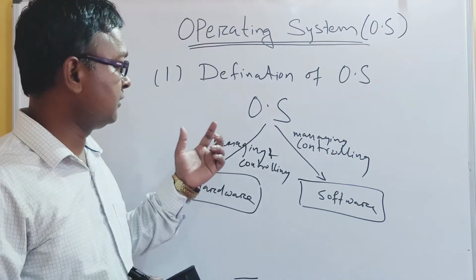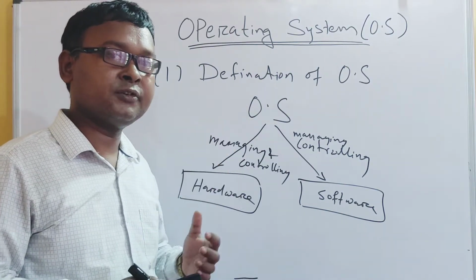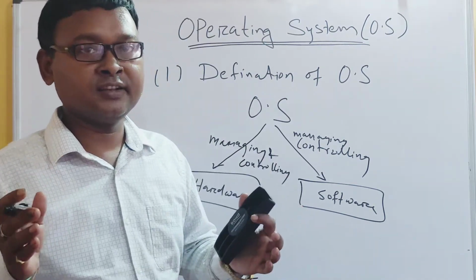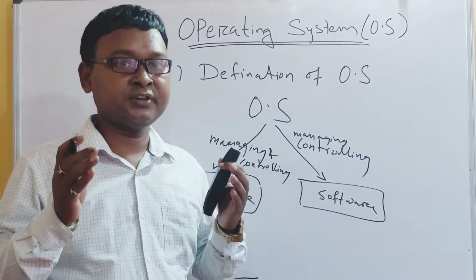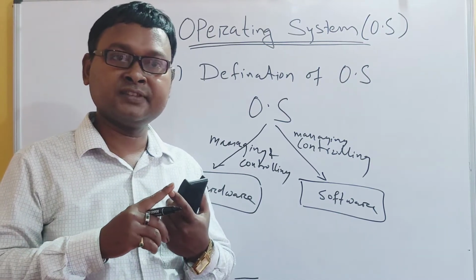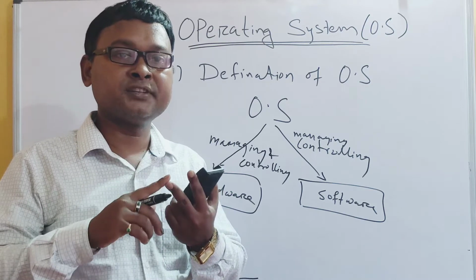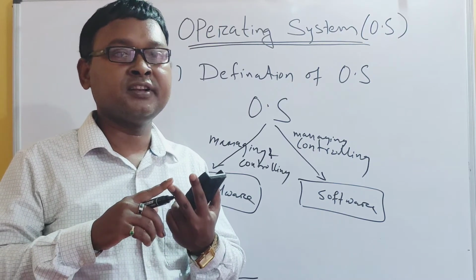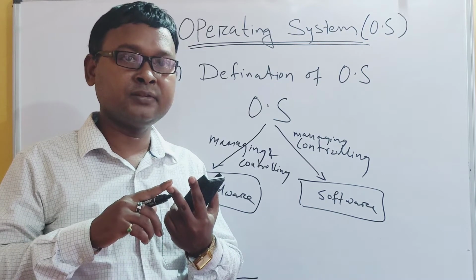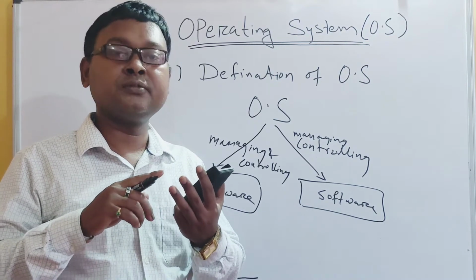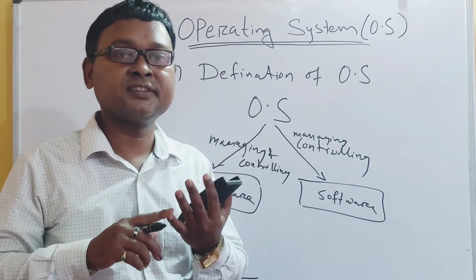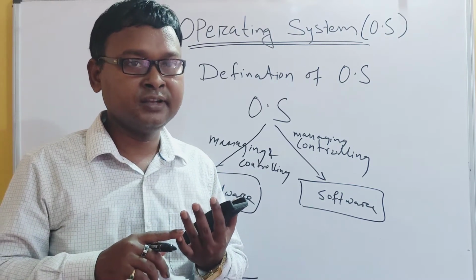There are 4 scheduling algorithms we will discuss in detail: the FCFS scheduling algorithm, then the shortest job next, SJN scheduling algorithm in short, then the priority scheduling algorithm, and then the round robin scheduling algorithm.